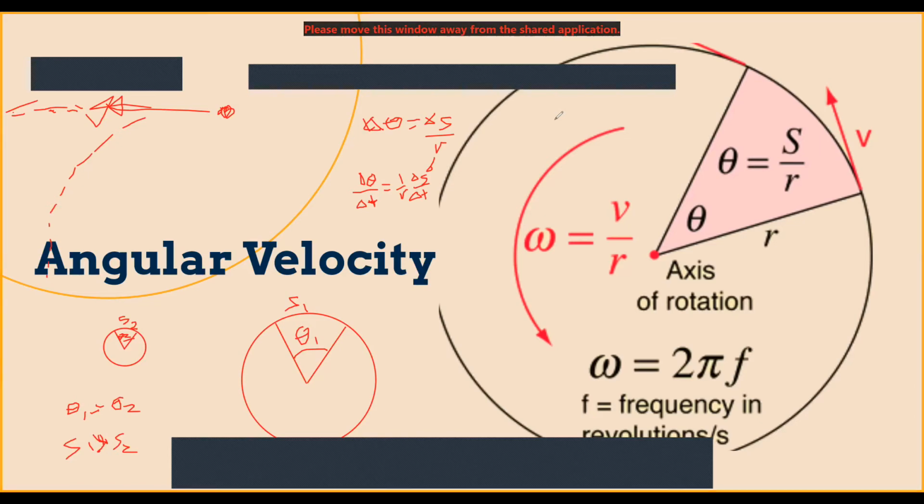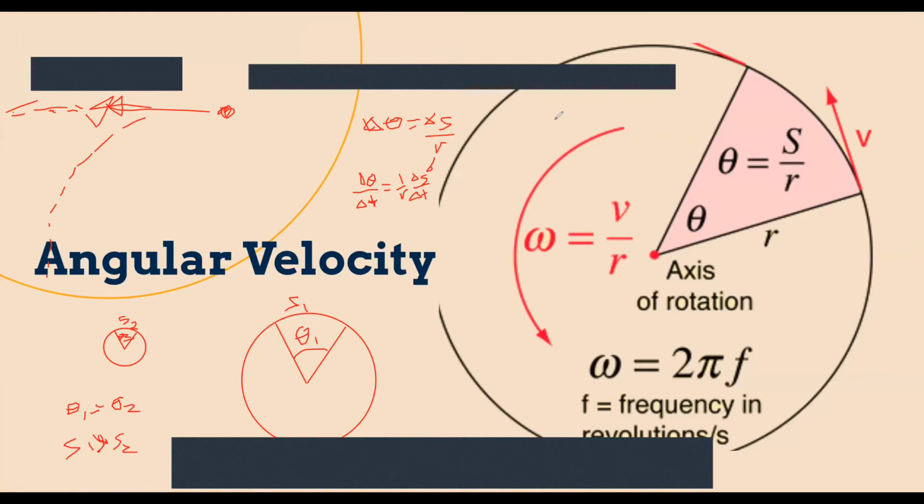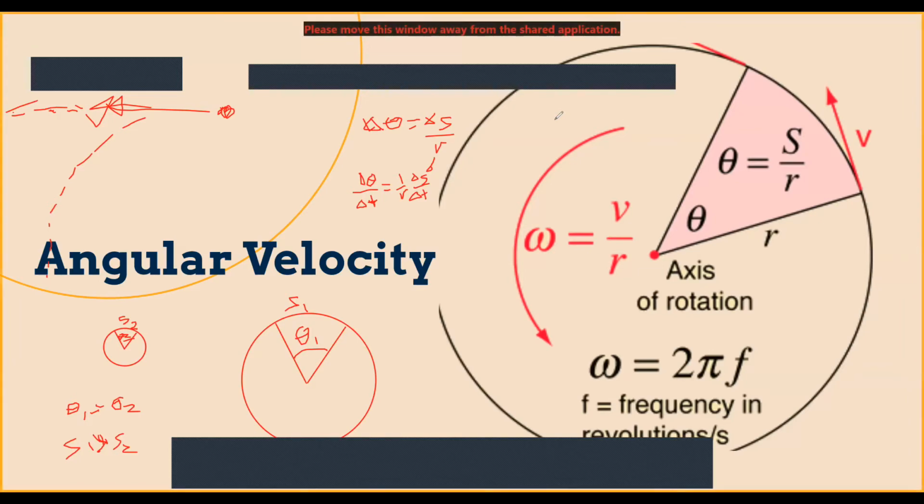We know that. So if you're doing delta S over R and you're dividing that by time, you keep change flip. So you keep your delta S over R and you change the division sign to multiplication sign, and then you multiply it by the reciprocal of time, which is 1 over time, which is why you get this equation.